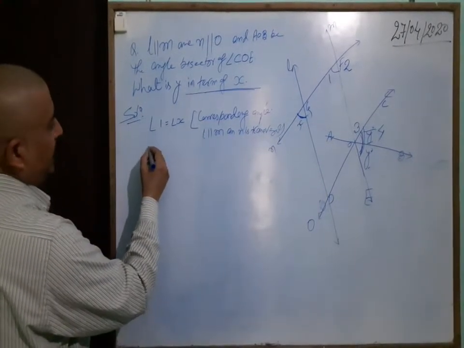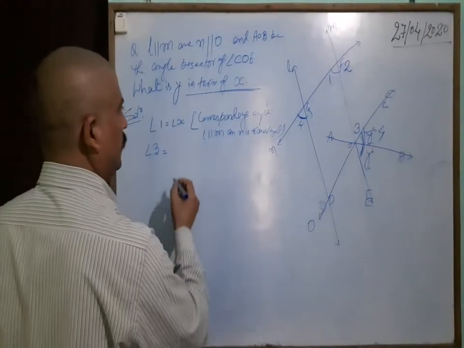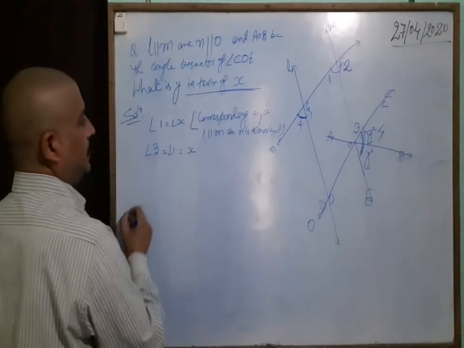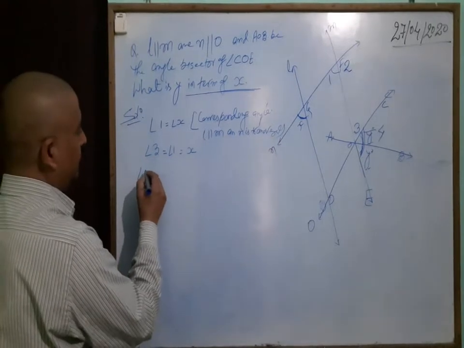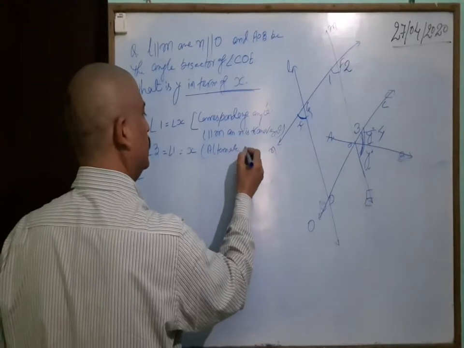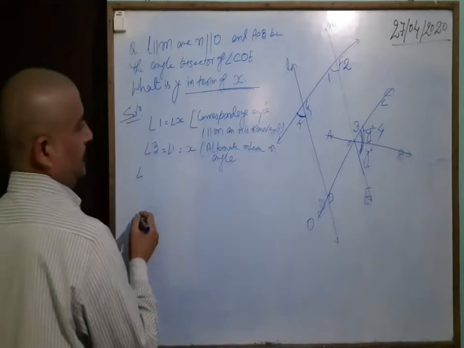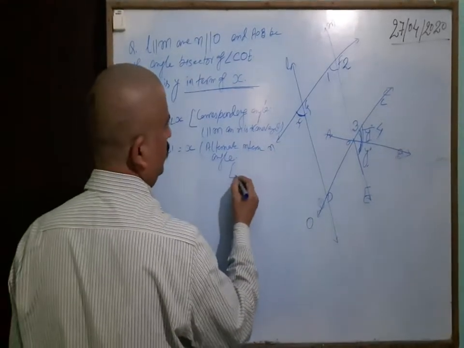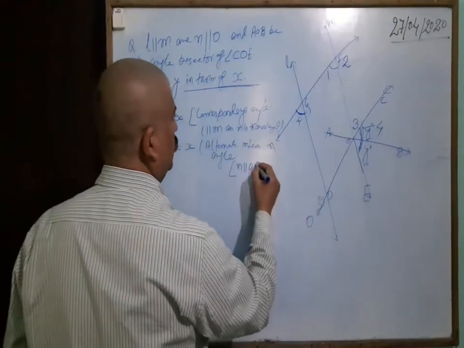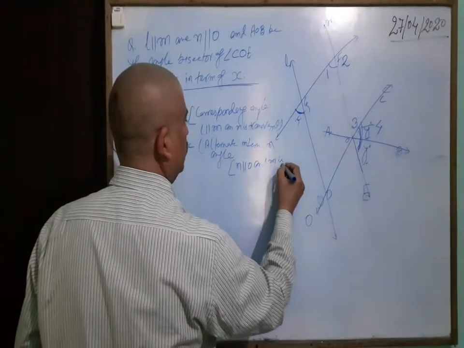Angle 3 equals angle 1, which equals x, alternate interior angles, when N is parallel to O and M is the transversal.